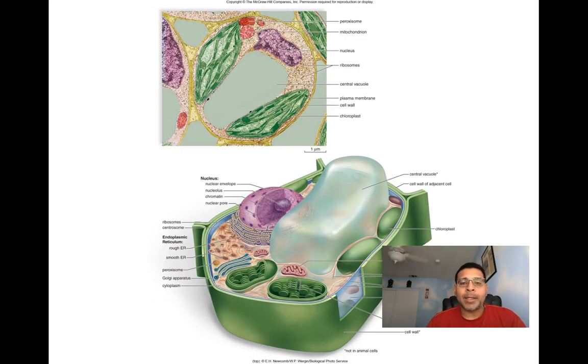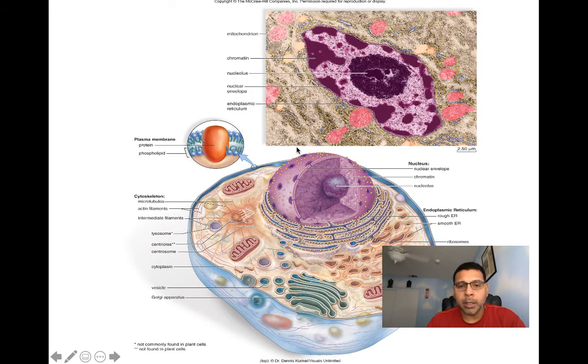Here's a plant cell. Here you can see the cell wall, and inside of it the plasma membrane and cytoplasm. Then you can see the nucleus, nucleolus, rough and smooth ER, Golgi apparatus, and chloroplasts. We don't have those in our cells.